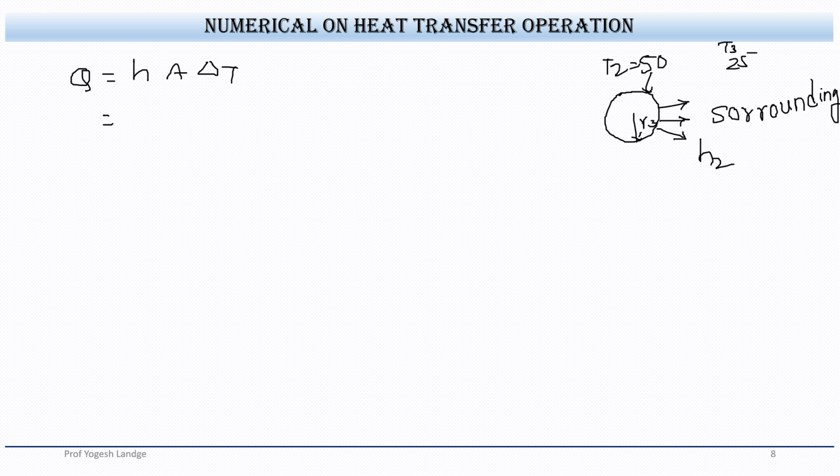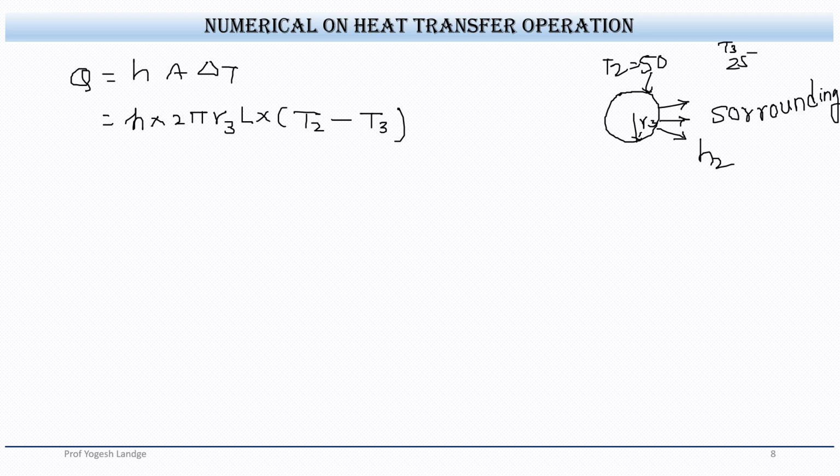We simplify this equation as H into 2 pi R, where R is R3 because it is the radius of the insulation, into L, multiplied by the temperature of the insulating material minus the surrounding temperature.